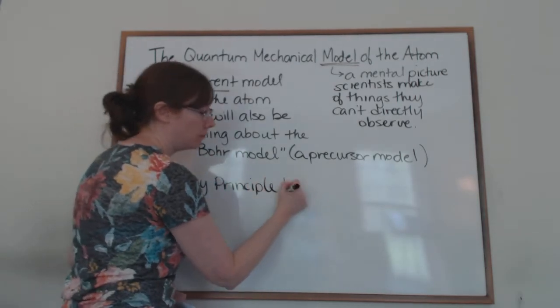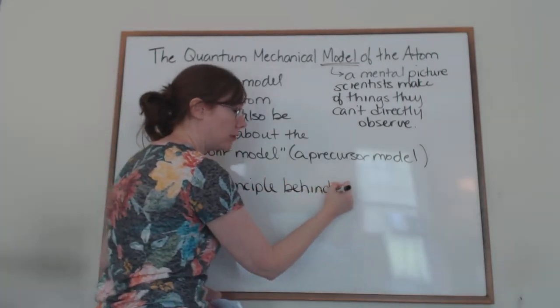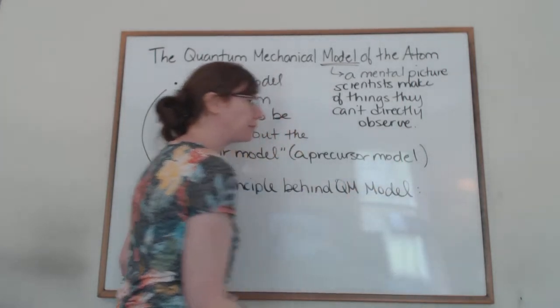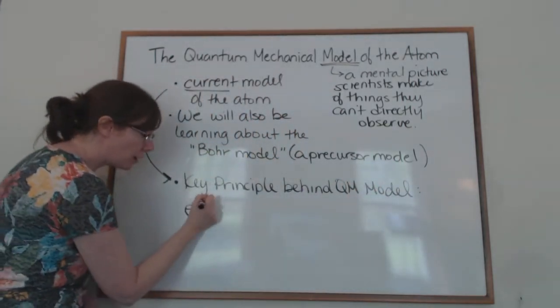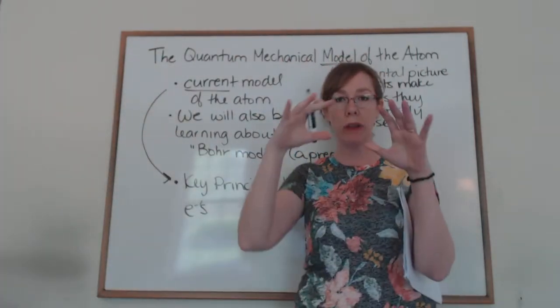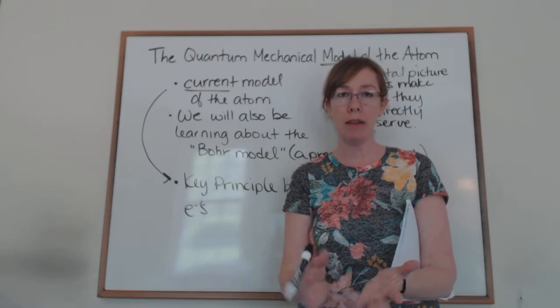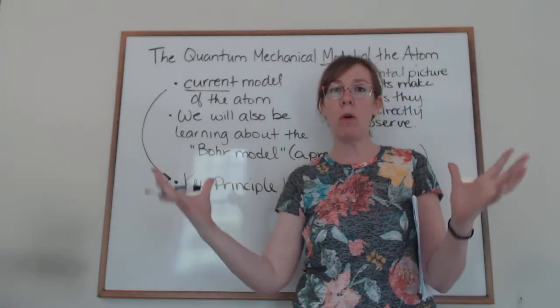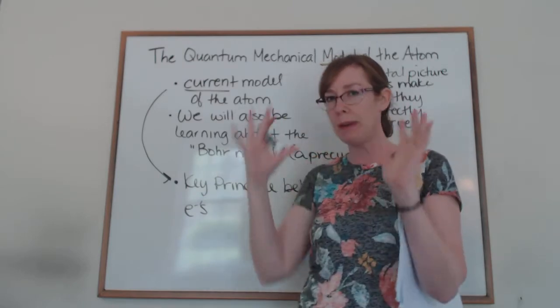And then lastly, before we get into it here, the key principle behind the quantum mechanical model is this: electrons. Once again, we're really trying to figure out what's going on with the electron cloud in an atom. We already know about the nucleus, that's where the protons are. But what about that whole rest of the space of an atom? What's happening there?